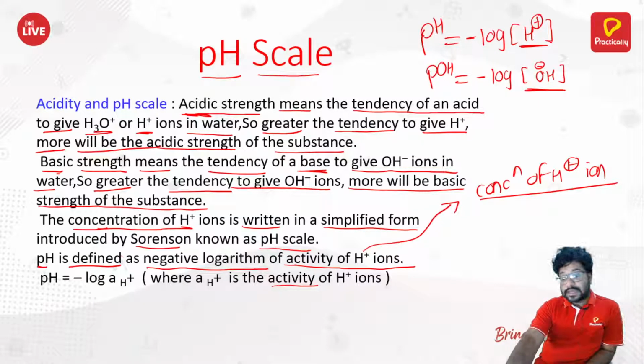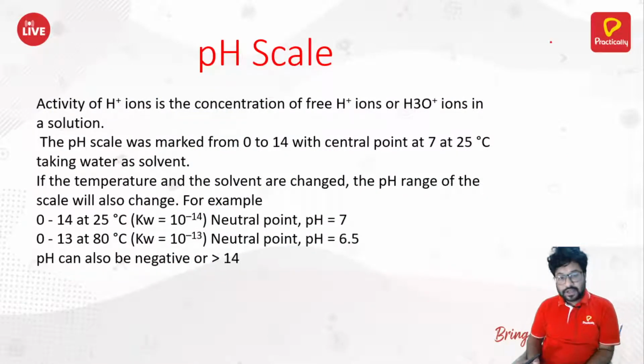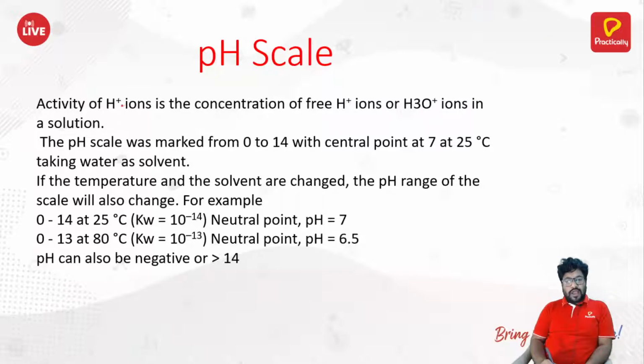Now let's see some of the other facets of it. As I told you already, activity of H plus ion is nothing but the concentration of free H plus ion or H3O plus ions in a solution.